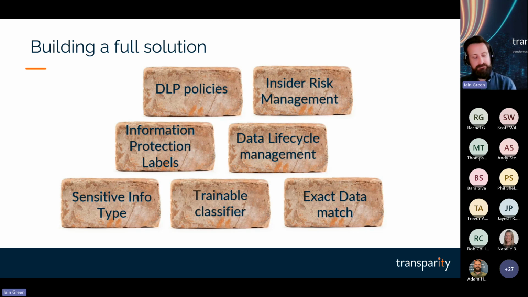And then once you've got an idea through that, you start thinking about, okay, what do I want to do with that? And that's where the second layer would come in. That's the information protection labeling and the data lifecycle management. So again, with the data lifecycle management, what do we need to keep?